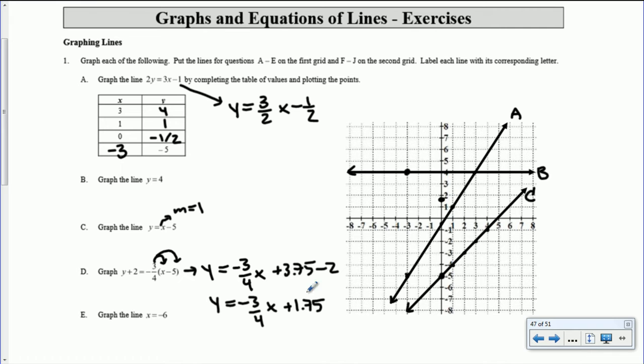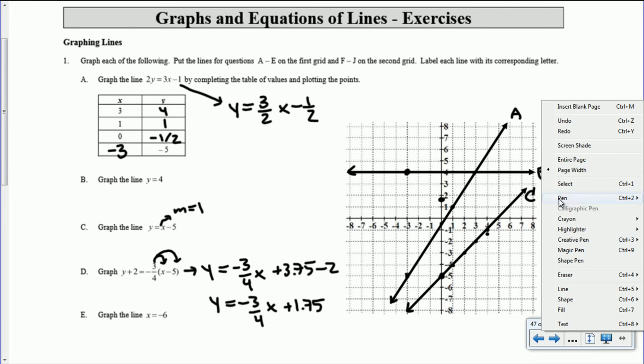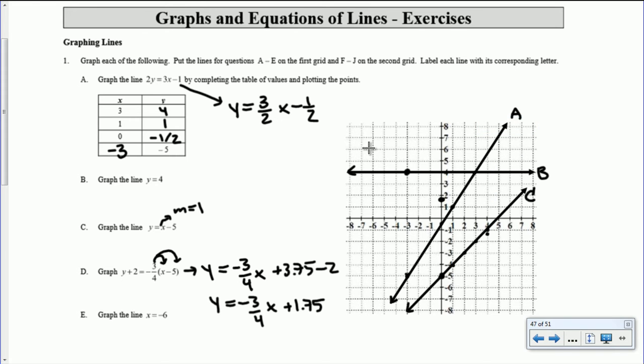Or alternatively, start from 1.75 and go down 3 and right 4, so 1, 2, 3, and then right 4, so we'd have to be there at negative 1.25, right? Because we're once, twice, 3 times down. That one just happened to be a nice intersection point. So I got 3 points to connect, so I can draw a line through those. Hopefully that's about parallel.